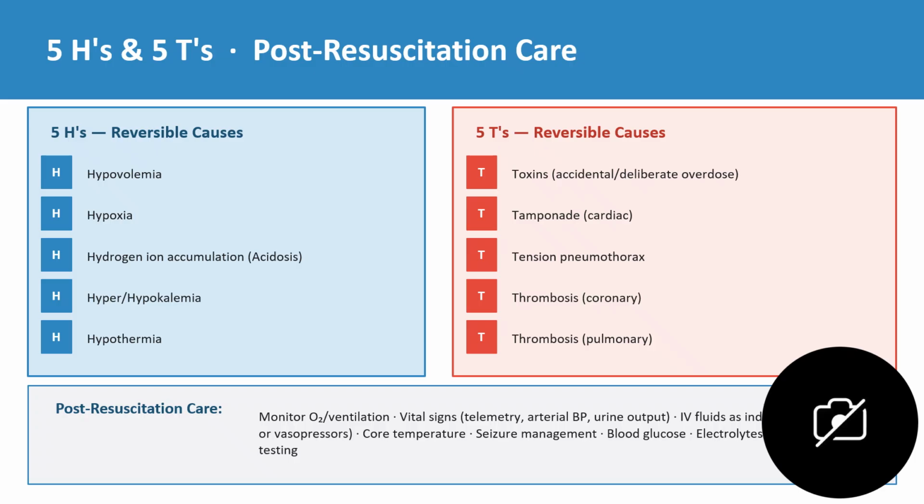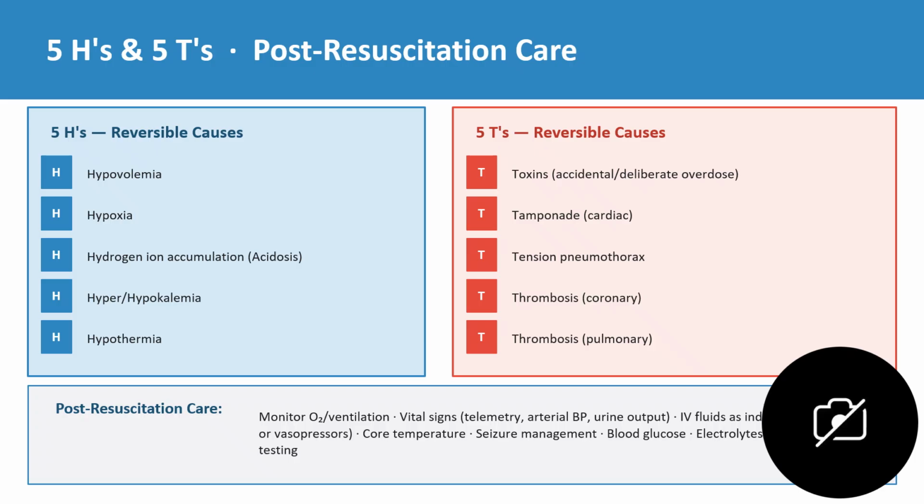The five T's are toxins from accidental or deliberate overdose, cardiac tamponade, tension pneumothorax, and thrombosis. It could be both coronary or pulmonary. Identifying and treating these reversible causes can mean the difference between life and death. So always remember these can be reversed. It all depends on the ER team and the time.